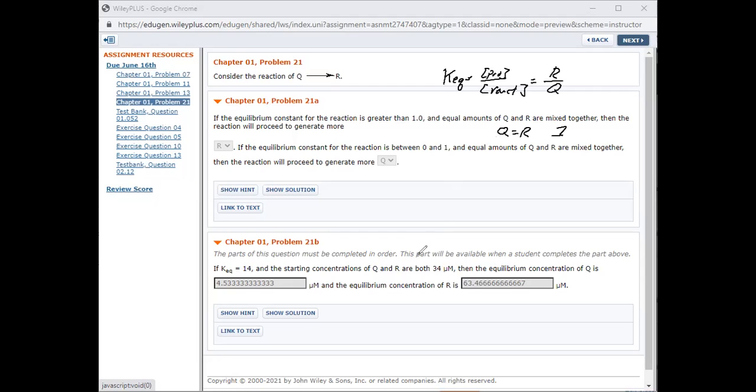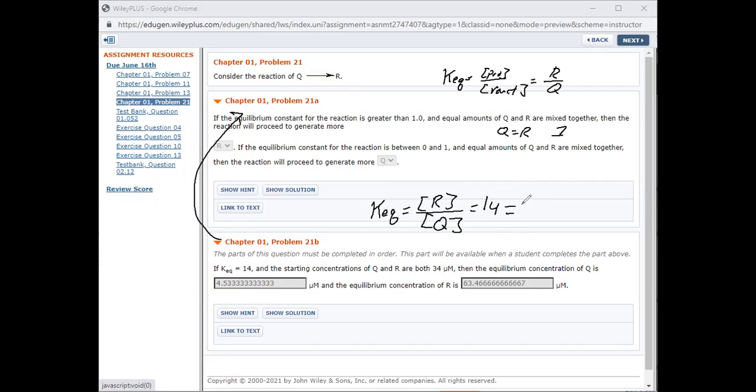All right, so KEQ equals the concentration of R divided by the concentration of Q. And we're saying that is equal to 14. And we are also saying that they both start at 34. So that's just like what happened in A, right? We're saying that Q equals R, so currently the ratio is 1.